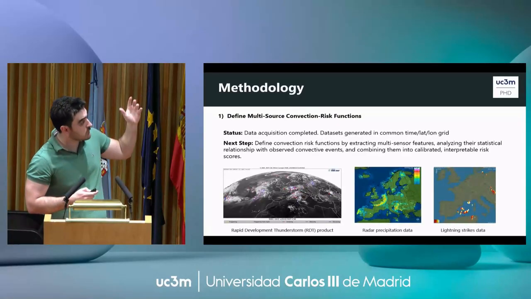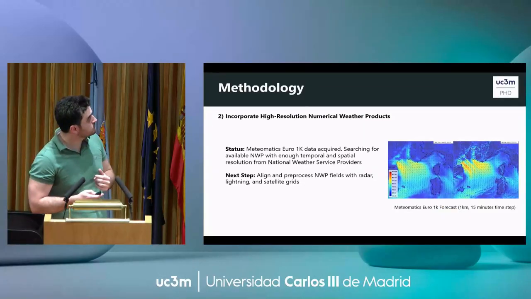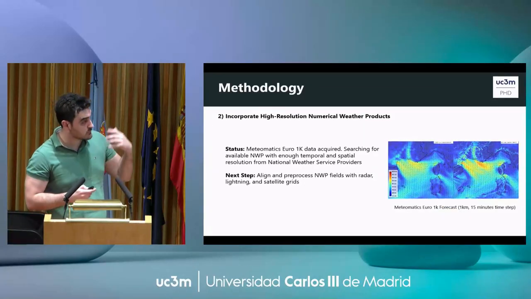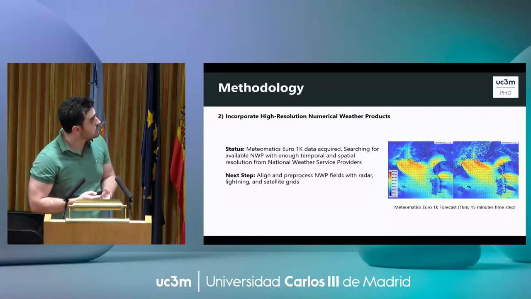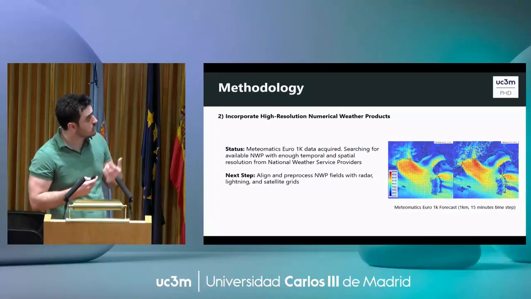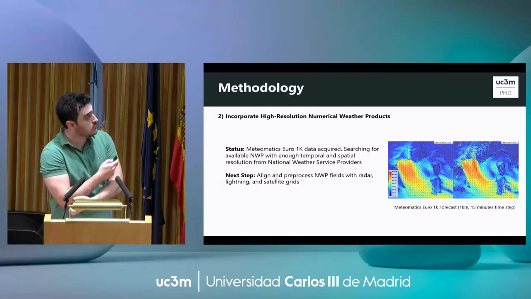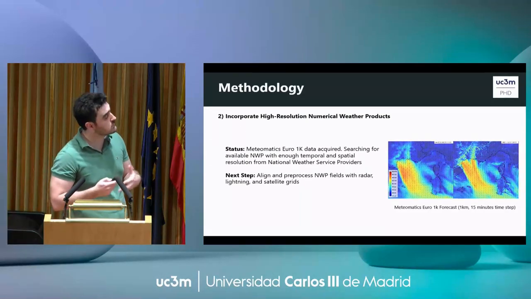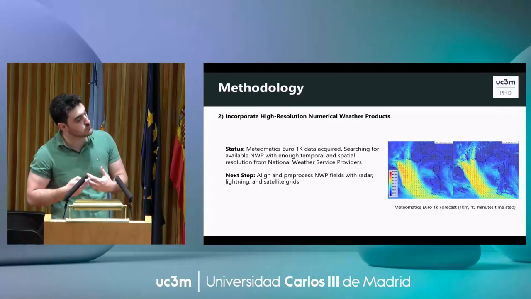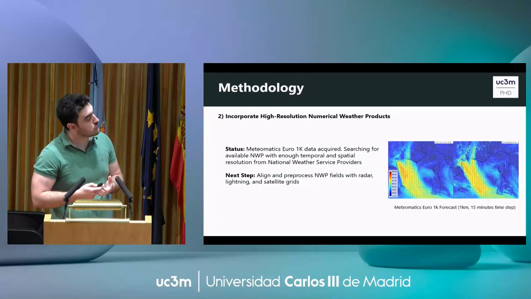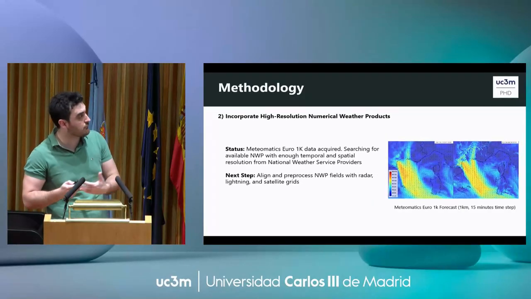As for the competing risk, I'm grabbing the data and creating the data sets. As for the numerical weather products, in the project in which we are working, we have access to a private forecast, but I'm also searching for numerical weather products from national weather service providers, since it's key for the stakeholders to use numerical weather products that are, let's say, official.